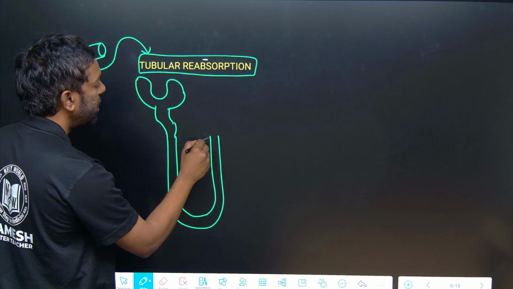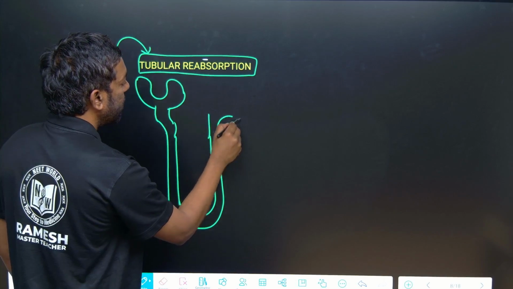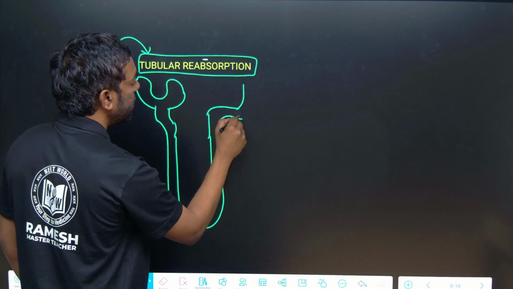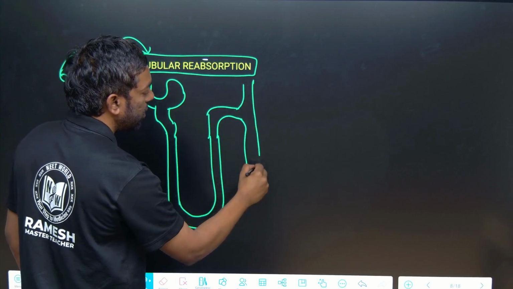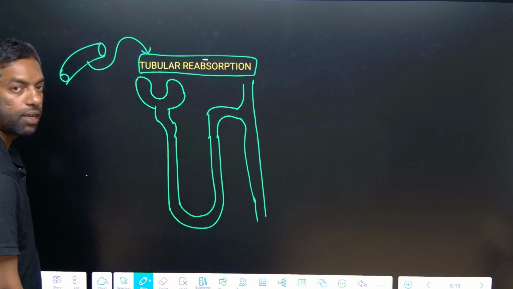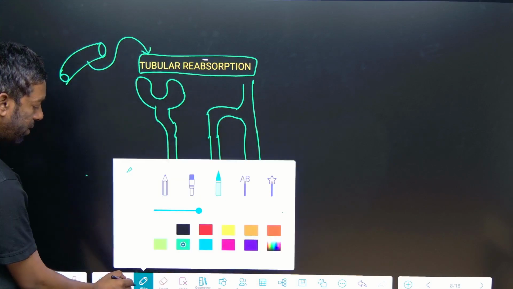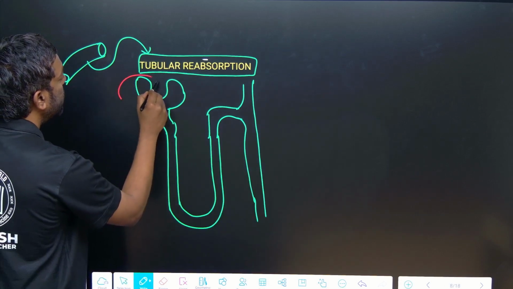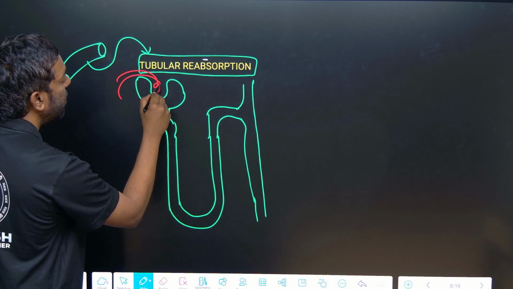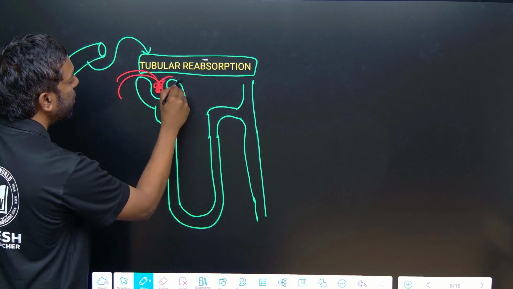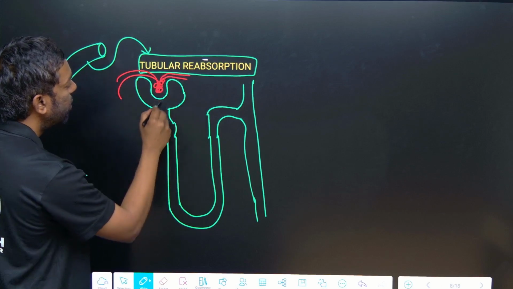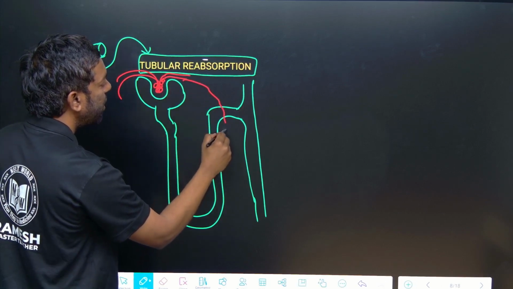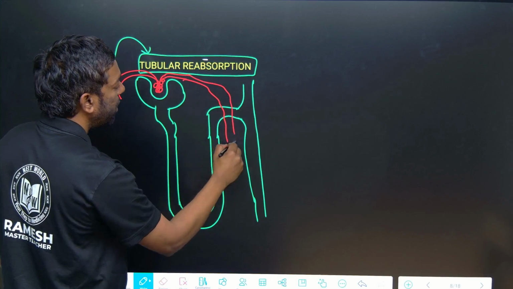This is the PCT, this is the DCT, this is the renal tubule. This is the glomerulus, entering into the renal tubule, and this is the capillary of the renal tubule.